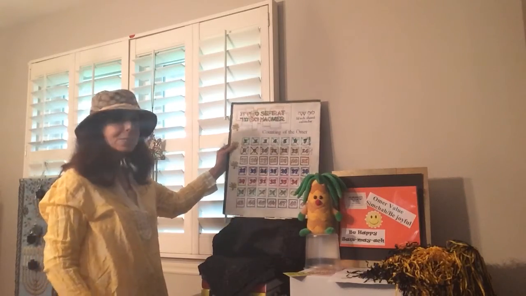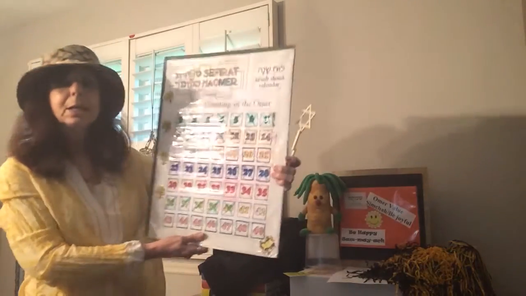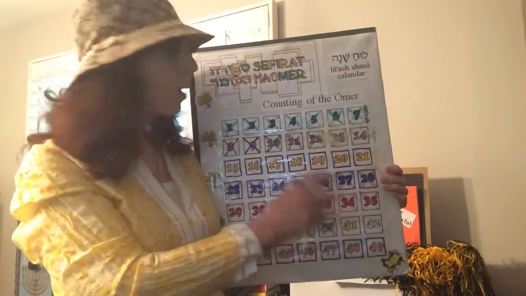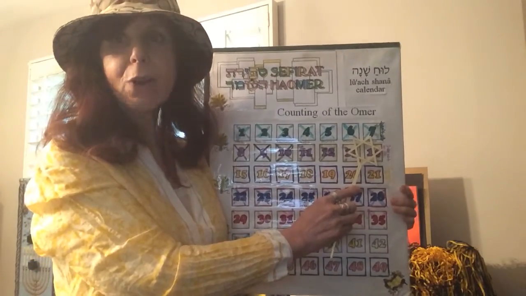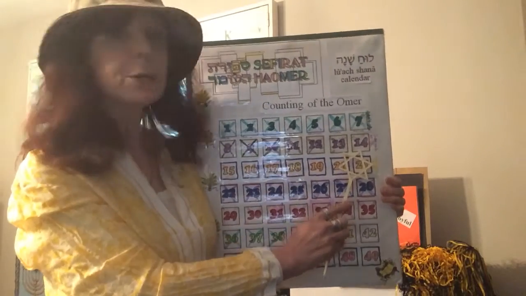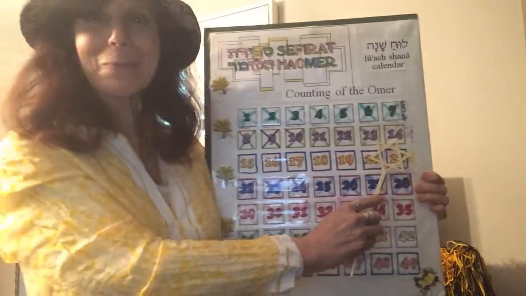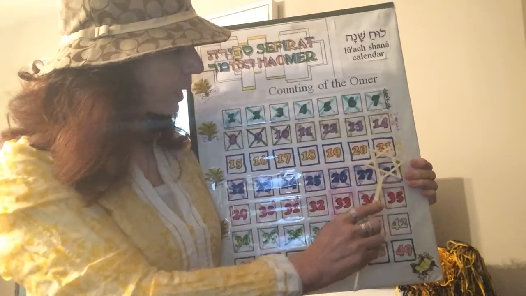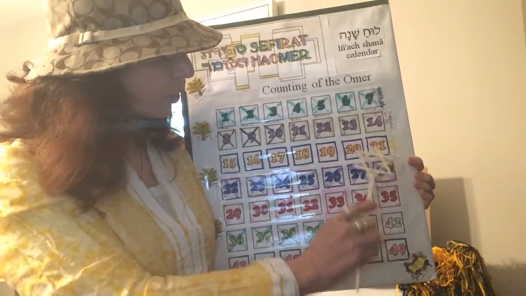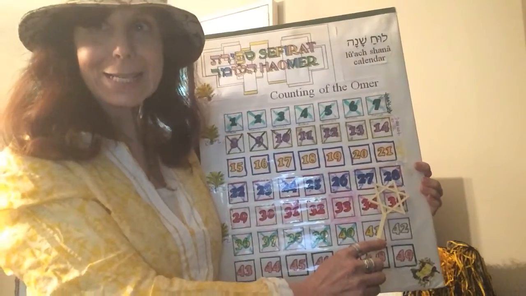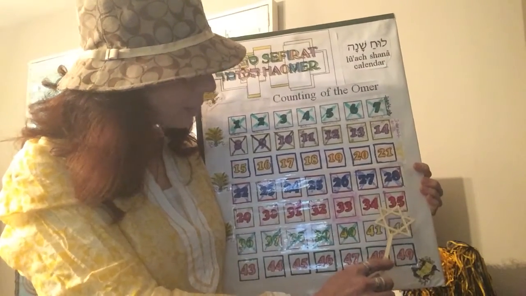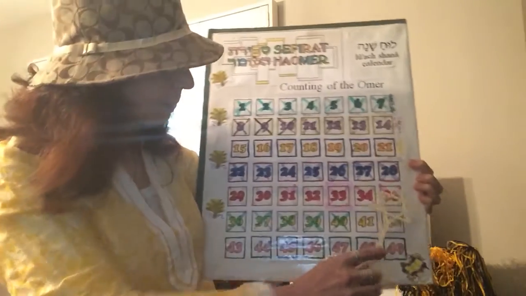We still have to do our 7s, shava, multiples of 7. Each of these have 7 days in them, right? On the first week, we only had 7 days crossed off. But the second week, we did 7 plus 7 more equals 14, right? And then if you take a third week and add 7 more to 14, you get 21. 7 more to 21 equals 28. 7 more to 28, this week here, we end up with 35 days.